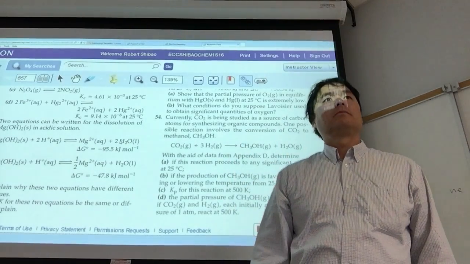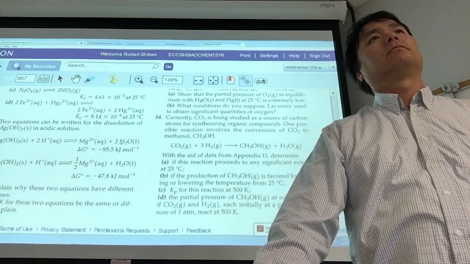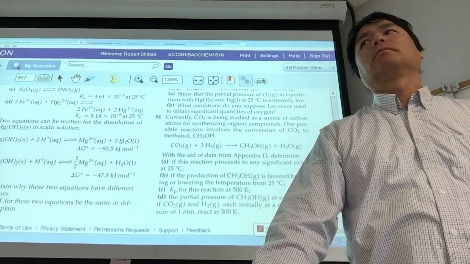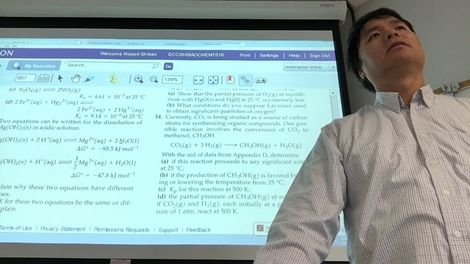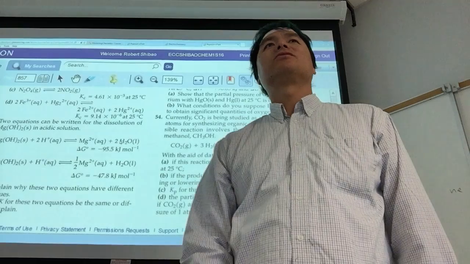Oh, no. They said because delta G naught is positive, the reaction does not proceed in the forward direction. At 25. So on the reactant side a little bit. And you did the calculation with delta H and delta S. Yeah, adding them. That's always a headache when that happens, unfortunately.